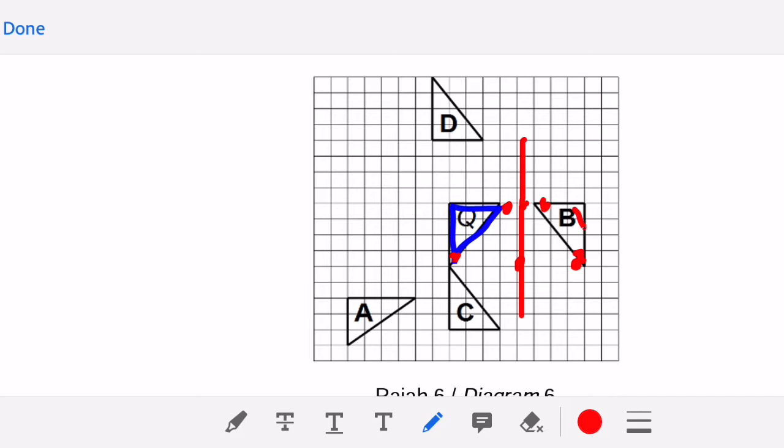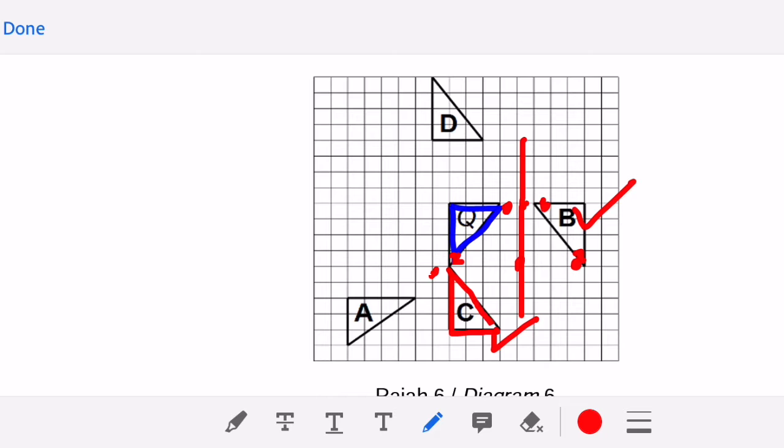So this one is actually the image. But the question wants one that is not, isn't it? So we have to keep on finding. It can be seen clearly. There is a midpoint here, so you can reflect Q to get the image C. So this is also an image. And then for A, I think we can also find the midpoint here, right?